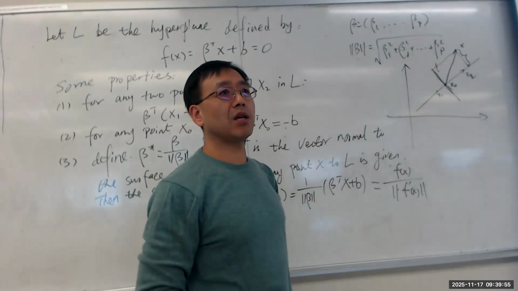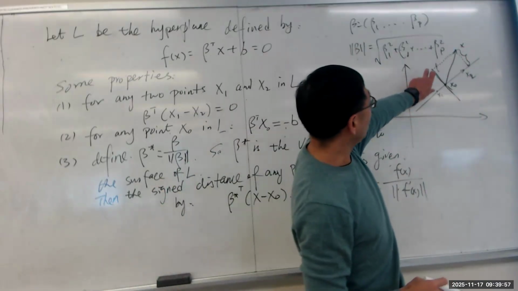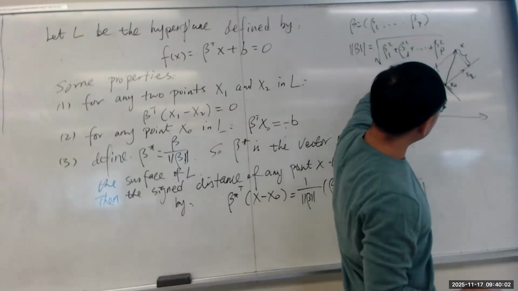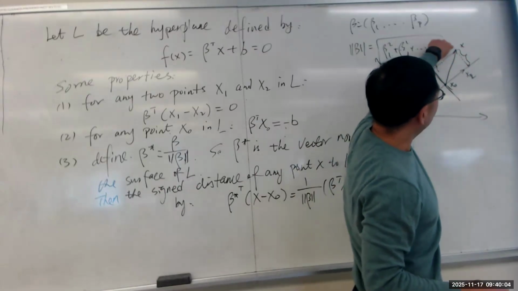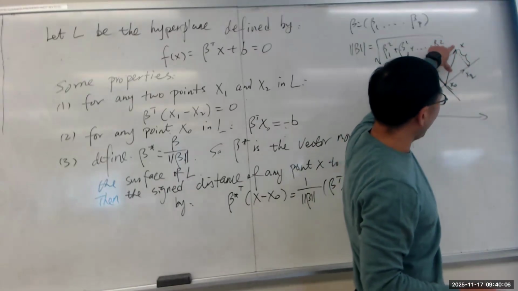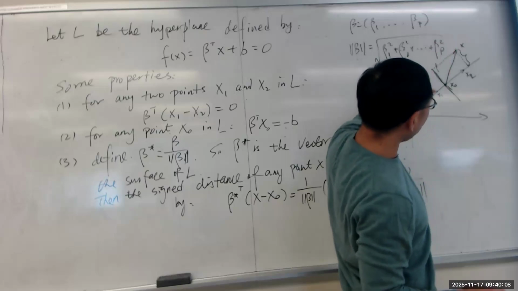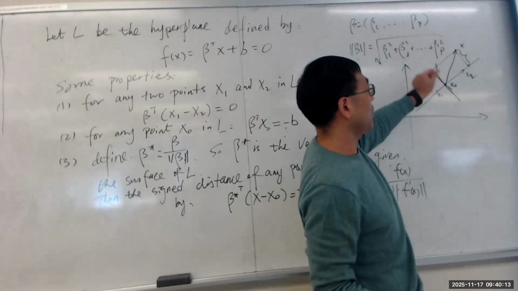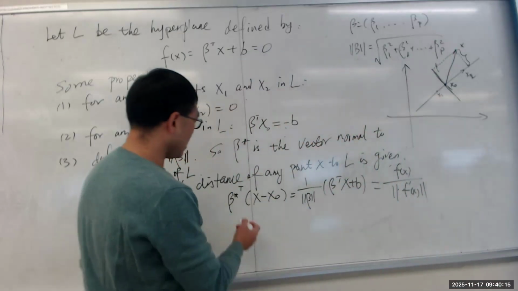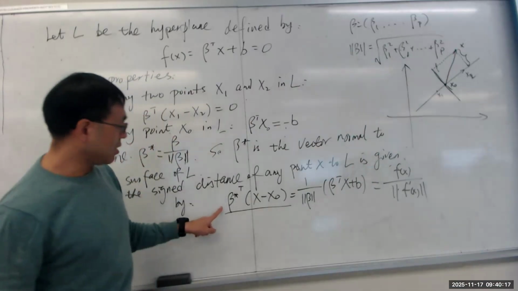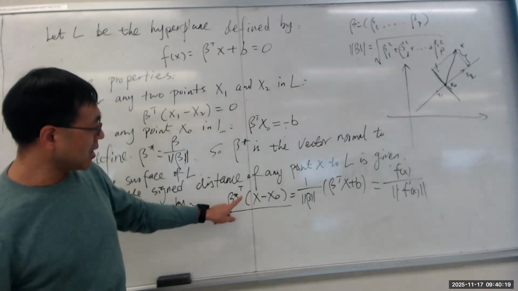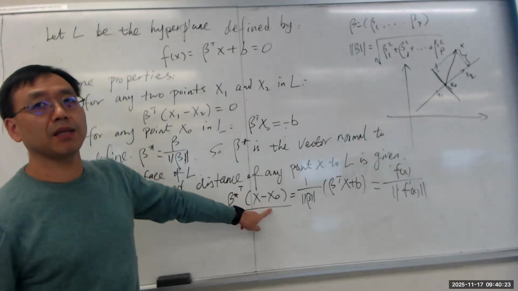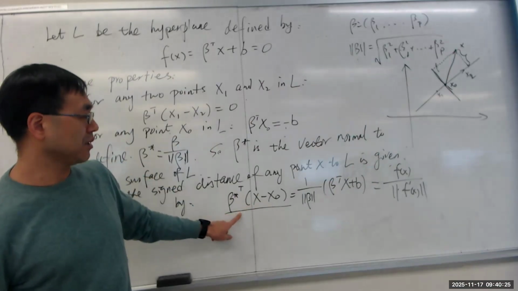So for any point x0, make the vector between x0 and x; its projection onto beta is the distance from x to the hyperplane. And this distance is defined by beta star transpose (x minus x0), because this is a projection.